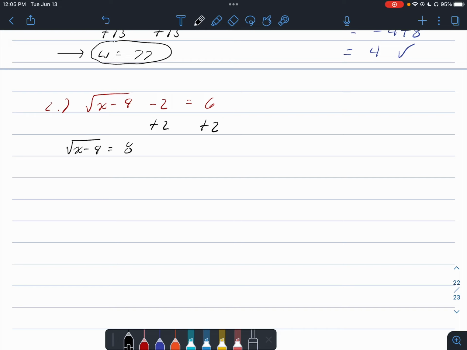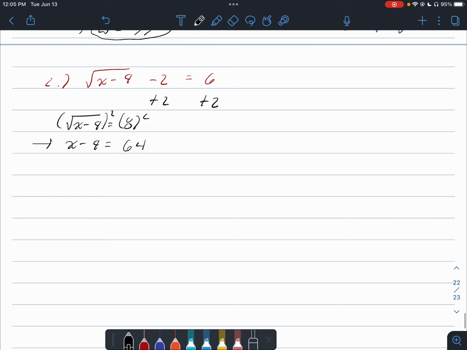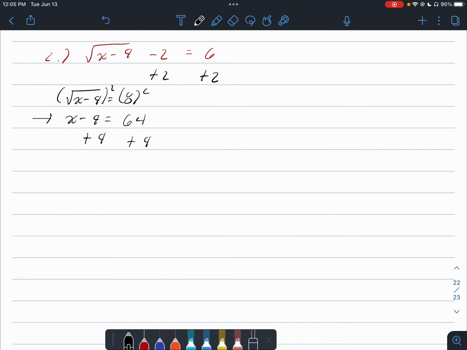Again, we're going to square both sides of the equation. This is going to give us that x minus 9 is equal to 64. Now we can add 9 to both sides, and we'll get x is equal to 73.